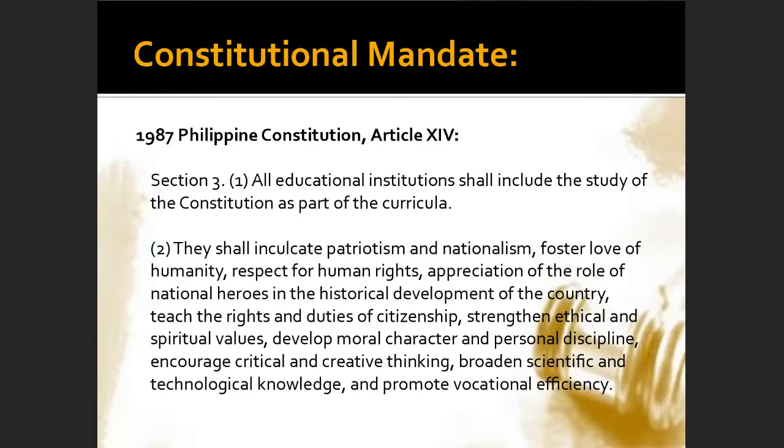And the main reason is to inculcate patriotism and nationalism, foster love of humanity, respect for human rights, appreciation of the role of national heroes in the historical development of the country, teach the rights and duties of citizenship, strengthen ethical and spiritual values, develop moral character and personal discipline, encourage critical and creative thinking, broaden scientific and technological knowledge, and promote vocational efficiency.